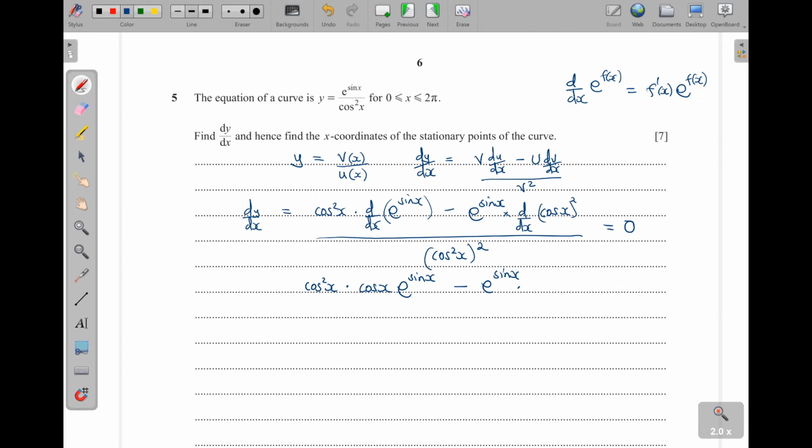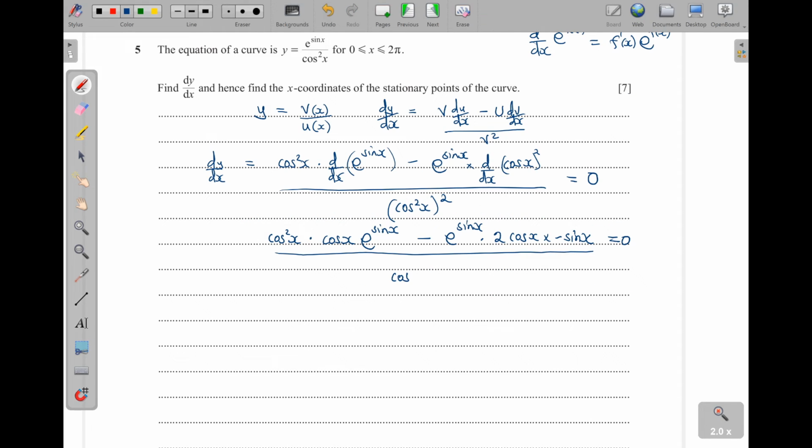Next, minus e to the power of sine x times the derivative of cos squared x. There is chain rule here: drop the power, we shall have 2 cos x, reduce the power by 1, so 2 minus 1 is 1. Then go inside and differentiate: the derivative of cos x is negative sine x. So we say times negative sine x. The denominator is cos to the power 4 of x.